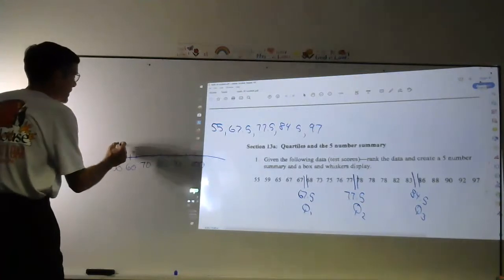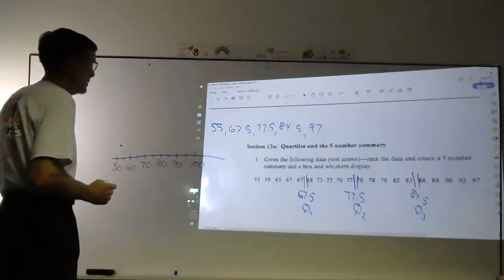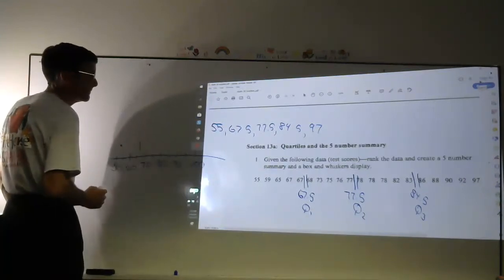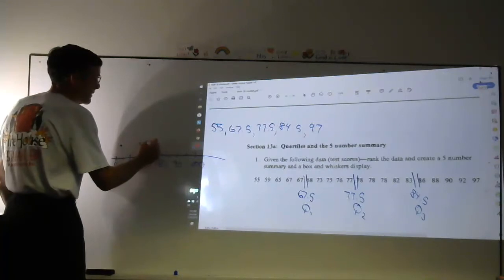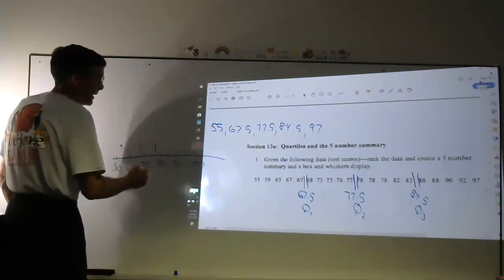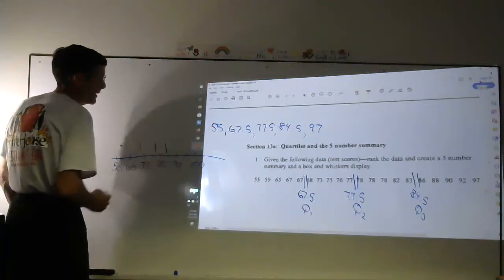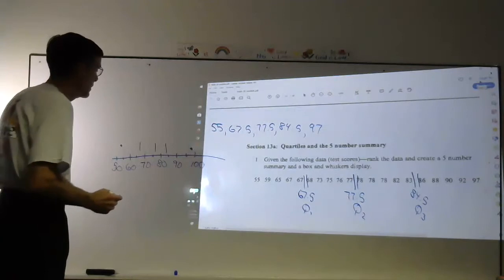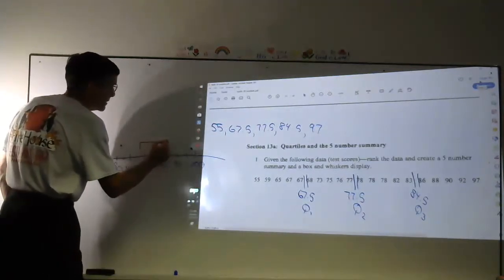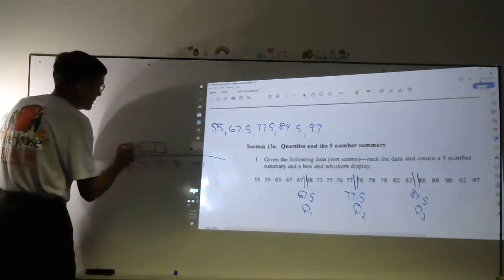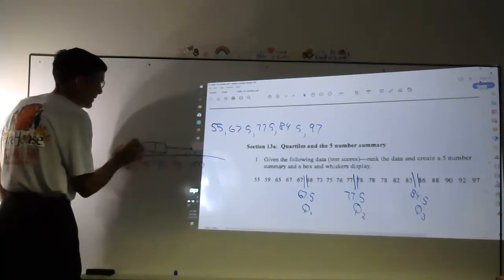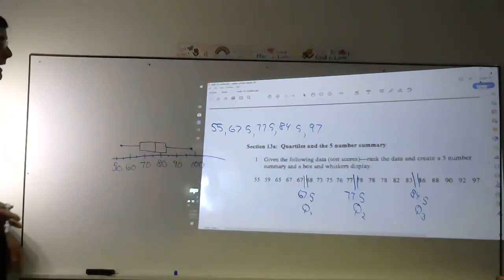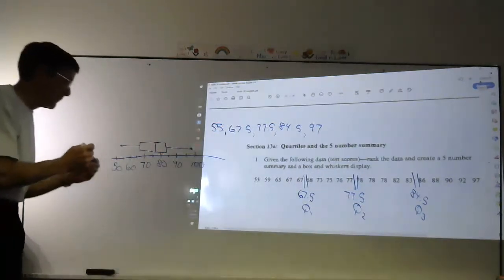So I have 55, I'll put a dot. 67.5 is halfway between those two, I'm going to draw a line. 77.5, halfway, I'm going to draw a line. 84.5 there, and 97 is here. Now, you can form these into a box and draw the lines here. These lines are called the whiskers. This is the box.